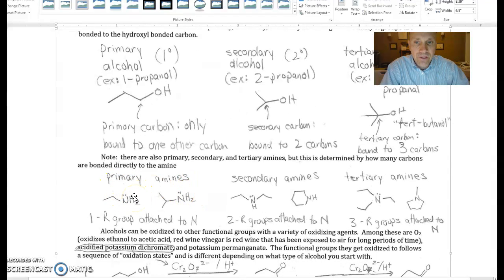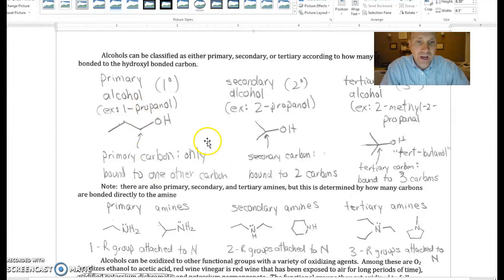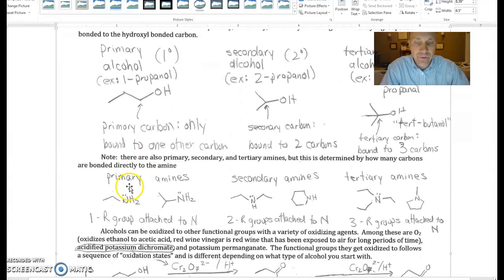When we were talking about alcohols, primary versus secondary was determined by the number of carbons attached to the carbon attached to the hydroxyl. With amines, it's simply how many carbons are directly attached to the nitrogen.